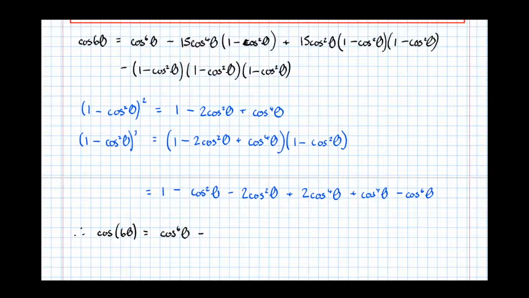So take 15 cos to the power of 4 theta, plus 15 cos to the power of 6 theta, plus, and we're going to times 15 cos squared theta by this here, 1 minus cos squared theta, squared.